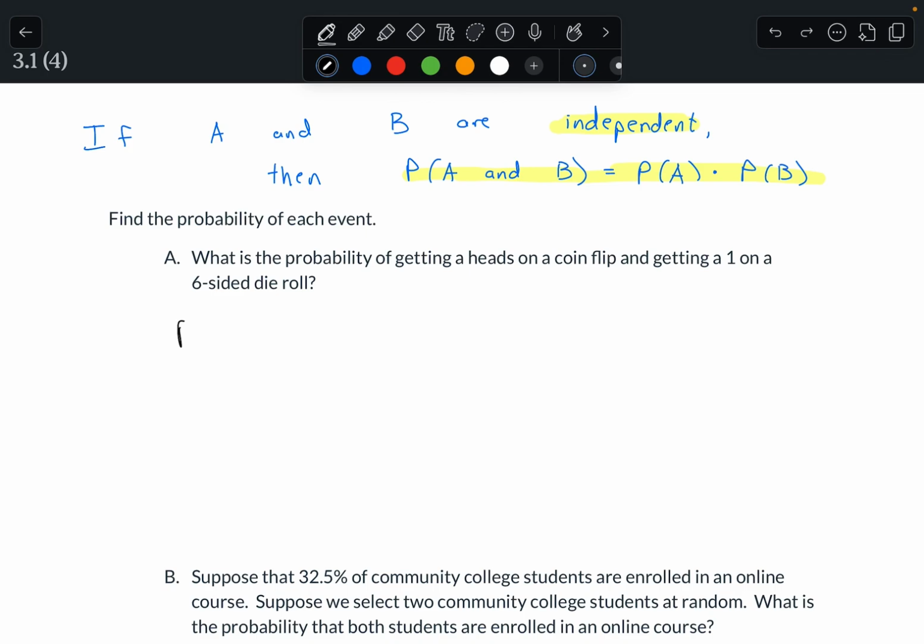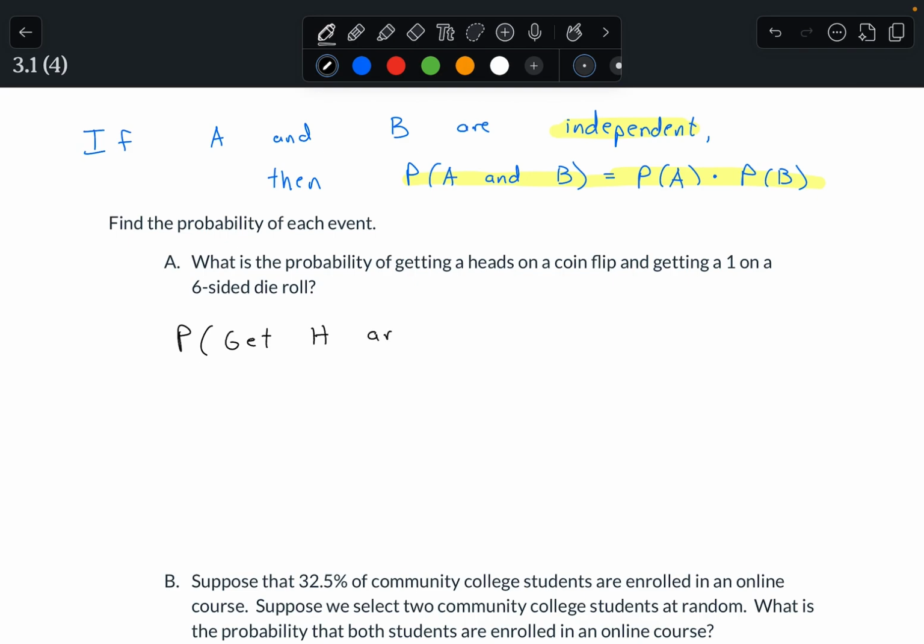So the probability that I get a heads, and the probability that I get a 1, these two are independent events, so I can look at the probability that I get a head separately from the probability that I get a 1, and then multiply the results together.